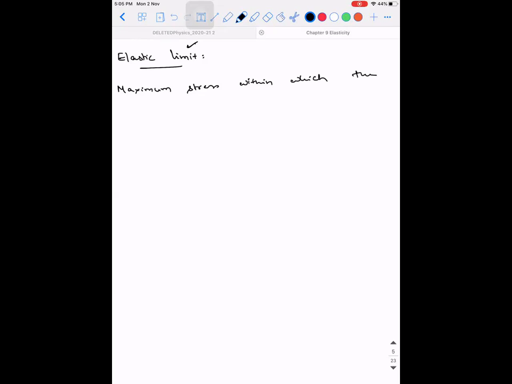the object regains its original shape and size. Correct?